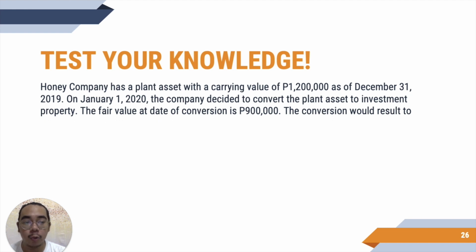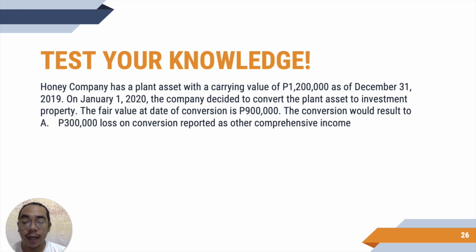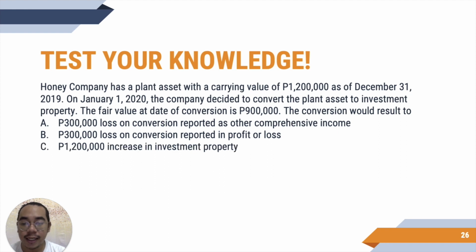The conversion would result to A. 300,000 loss on conversion reported as other comprehensive income. B. 300,000 loss on conversion reported in profit or loss. C. 1,200,000 pesos increase in investment property. Or D. 900,000 pesos decrease in plant assets. Again, if you know the answer, comment your answer sa video na to.